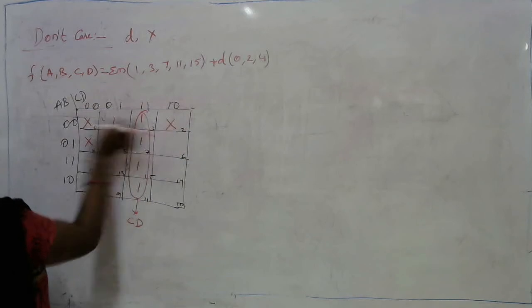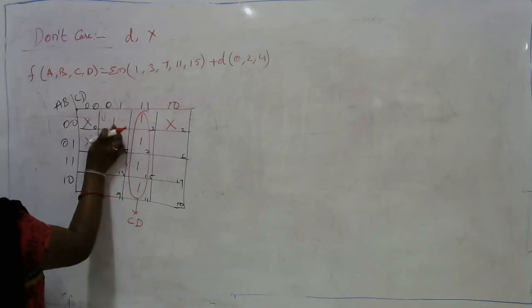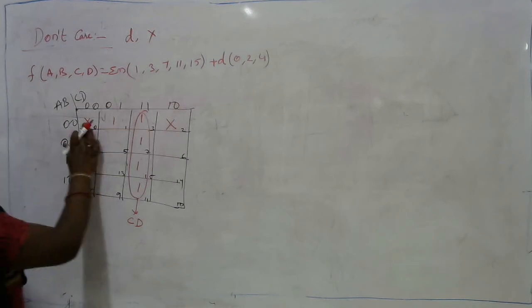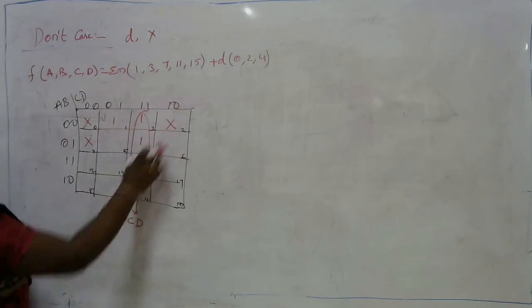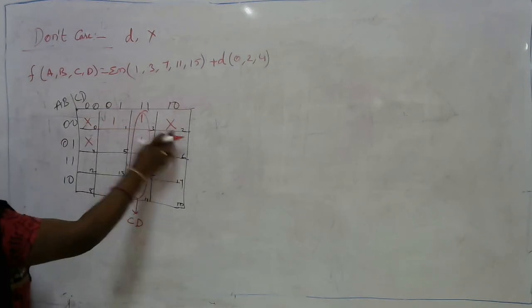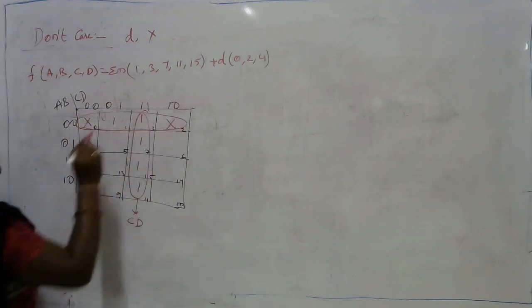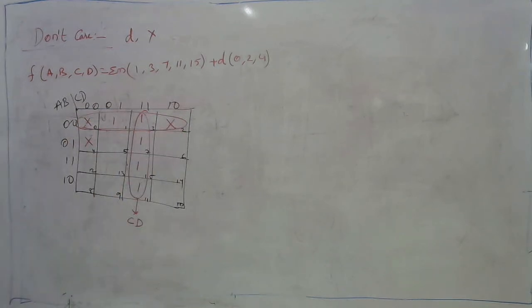Similarly, if the don't cares were not present over here, I would need to combine only ones, so I would be getting an adjacency. But as the don't cares are present, I can treat the don't cares 2 as well as 0 as SOP terms, so I can take these into consideration.